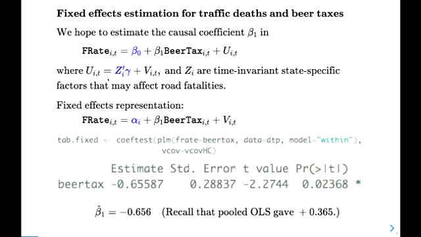So this Z prime gamma represents the time invariant omitted variables which may be hidden inside of this disturbance term.